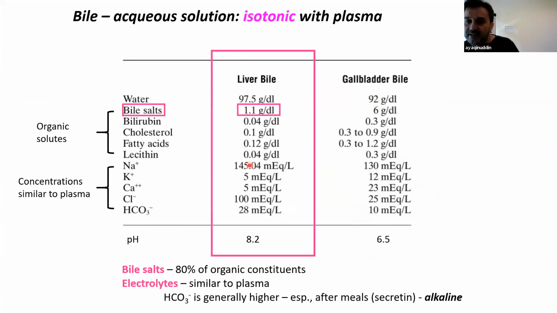Because most of the sodium is absorbed, the sodium content of the gallbladder bile is much less than in the liver bile, and similarly with the chloride. But the bicarb content of the bile secreted by the liver is much more as compared to the gallbladder. You can also see the difference in the pH.